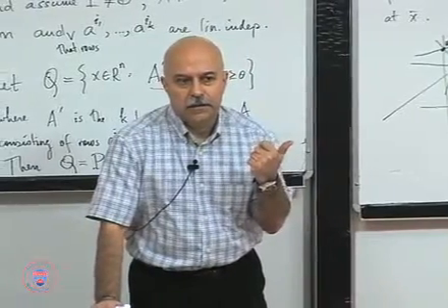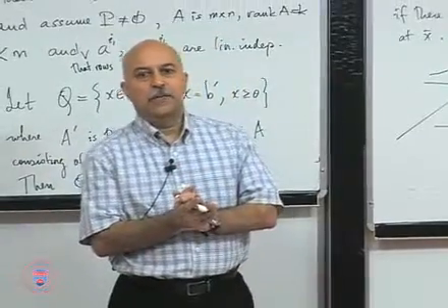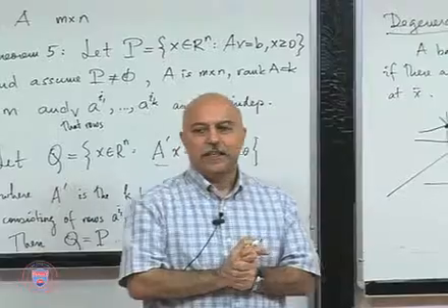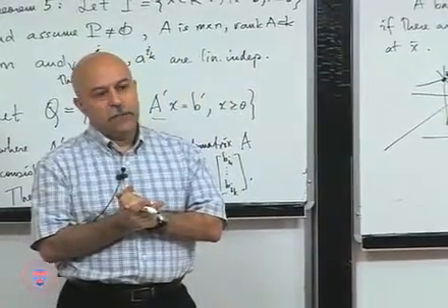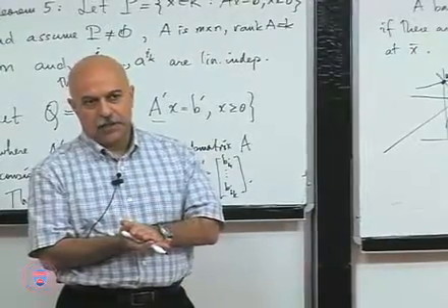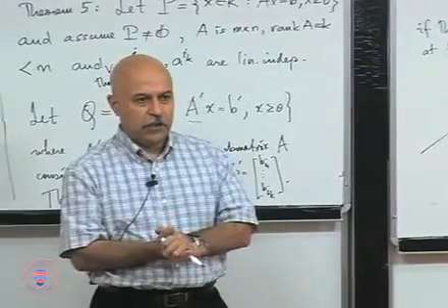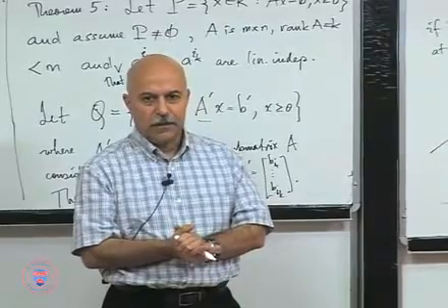Remember that if you're in n-dimensional space and you have less than n constraints, then regardless of how many of them are active, you're not going to be able to generate an extreme point. That's, of course, one possibility.